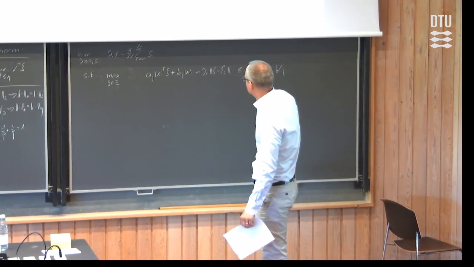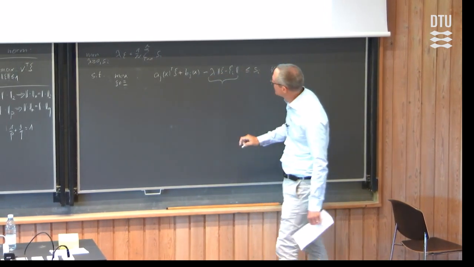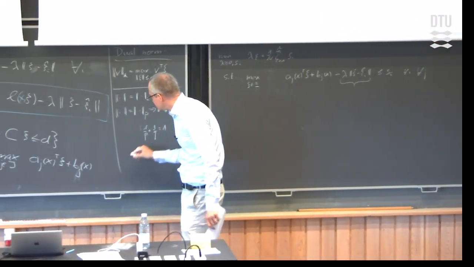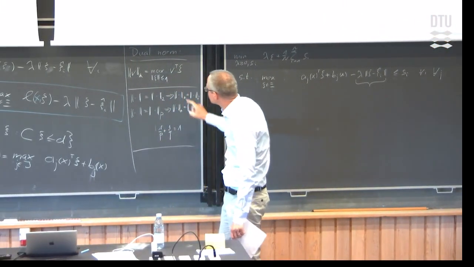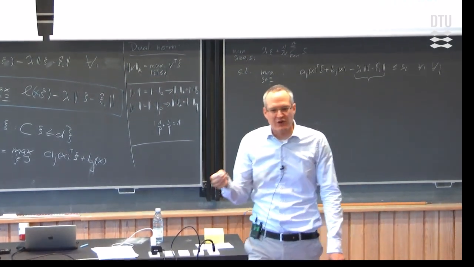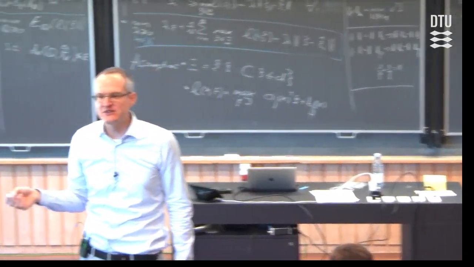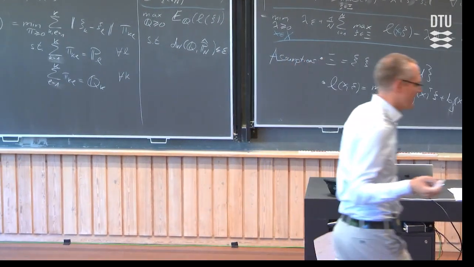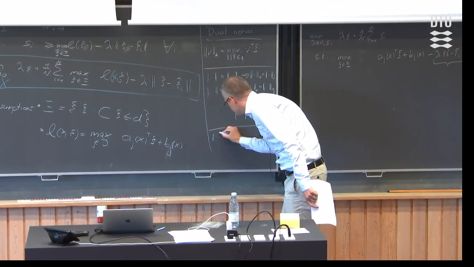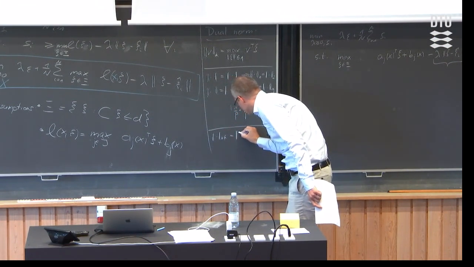Now there is another thing I can do. Actually, there's one thing about norms I wanted to mention. If I construct my dual norm, I can construct the dual of the dual norm, and it turns out that the dual of the dual norm is the original norm. So the dual of the dual norm is the original norm.